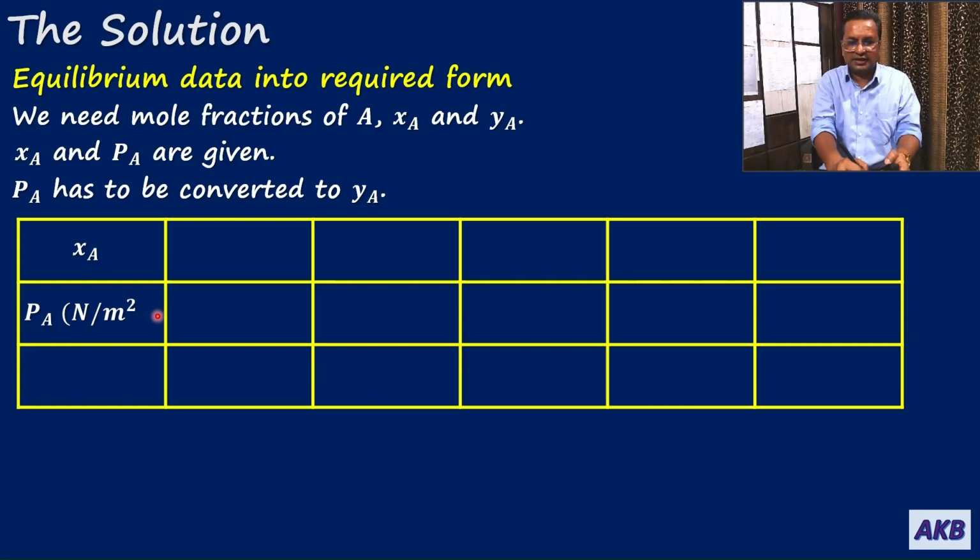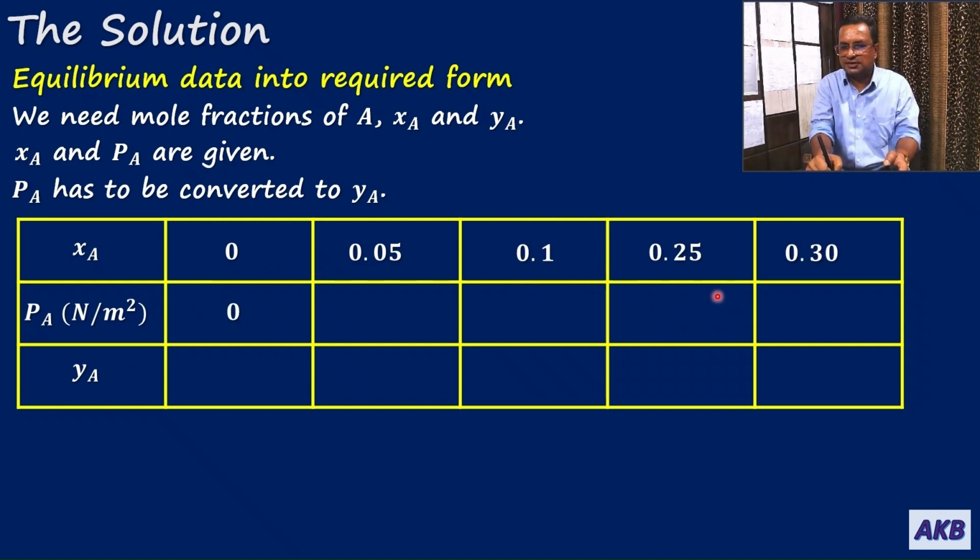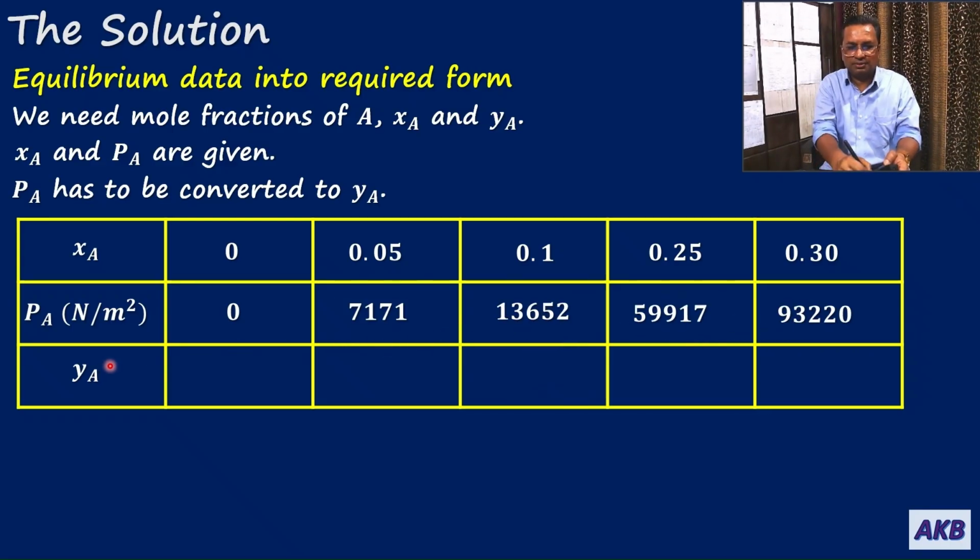So I will just collect the data. We will be getting values for Y. XA values are given to us and corresponding PA values are given to us, partial pressure in Newton per meter square. Now let us get the corresponding values for Y. And for that, we are going to use Dalton's law, which states that partial pressure of A is equal to mole fraction of A in the gas mixture into total pressure.